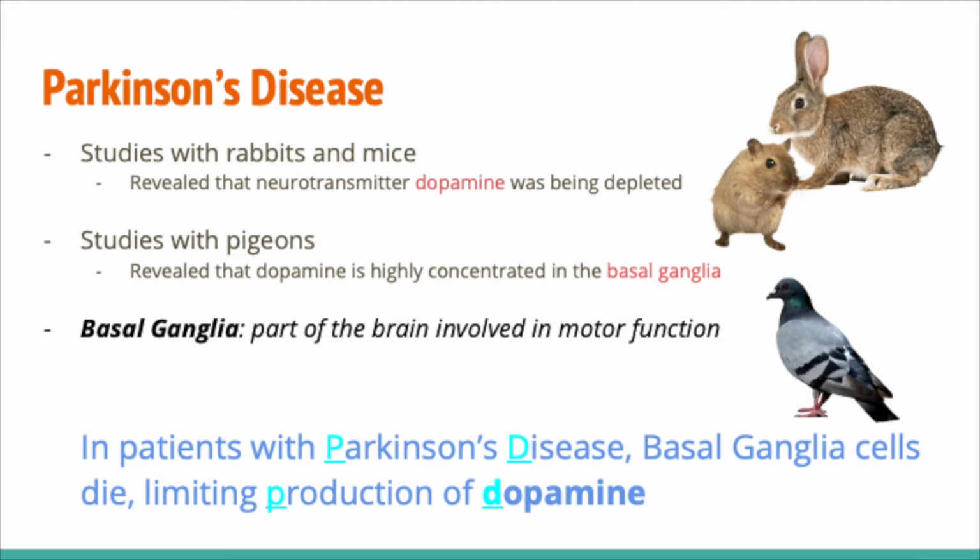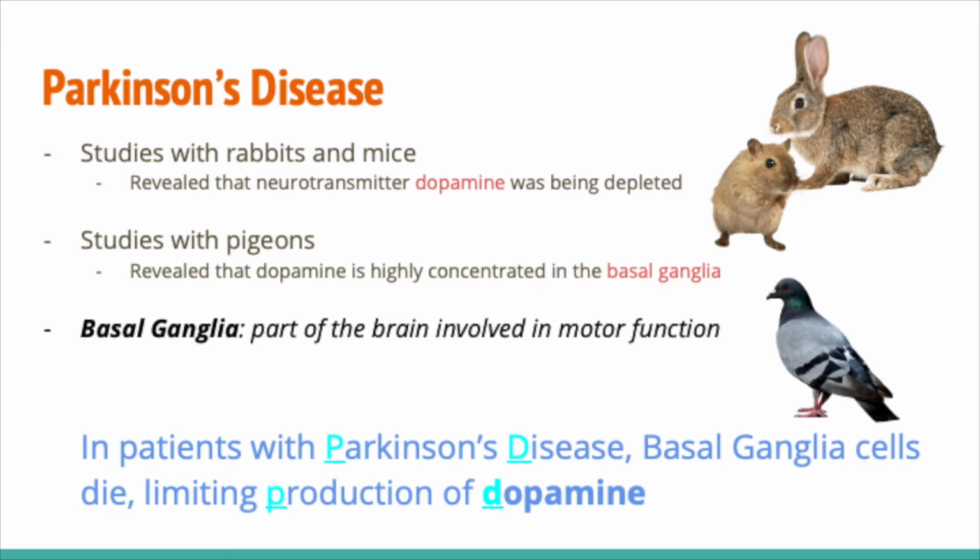And in pigeons, they found that dopamine is highly concentrated in the basal ganglia, which gave us a place to look: in animals that display Parkinson's-like traits, dopamine is being depleted, and an area in which dopamine is highly concentrated in the brain is the basal ganglia, which was found not through human studies, but through rabbits, mice, and pigeons.